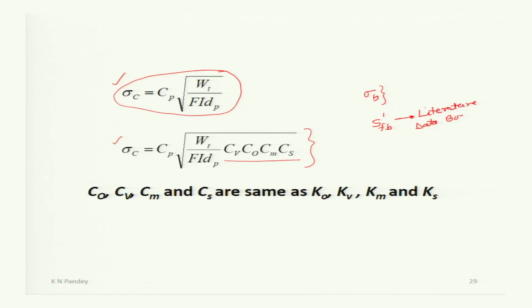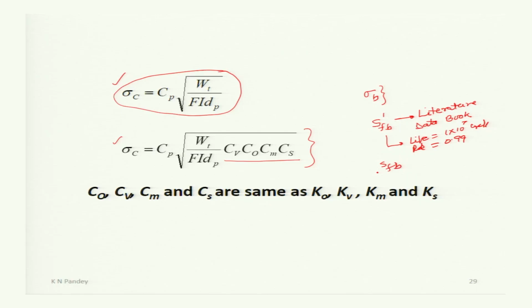From the data book, for different materials the values of SFB dash are given, and this is given for life equal to 1 into 10 to the power 7 cycles, reliability of 0.99, and room temperature. So, we have to modify it depending on our requirement, and so we will get SFB.